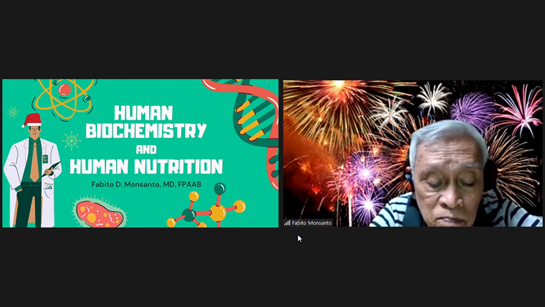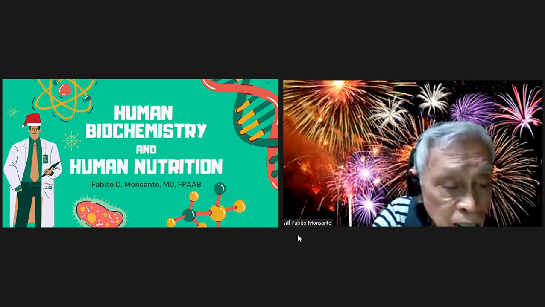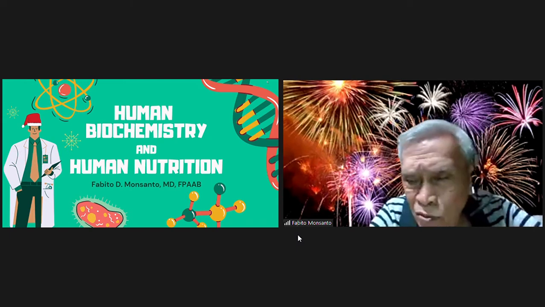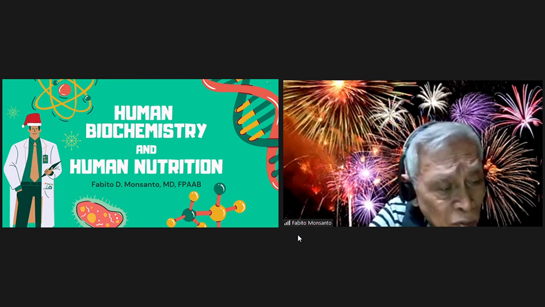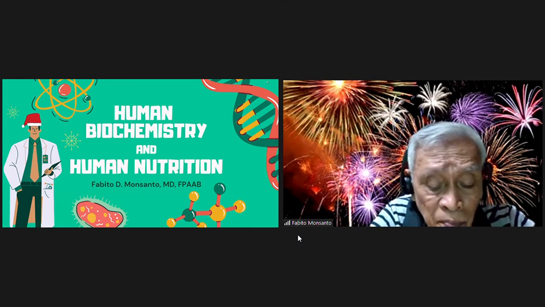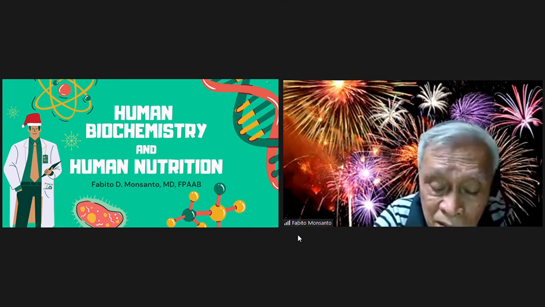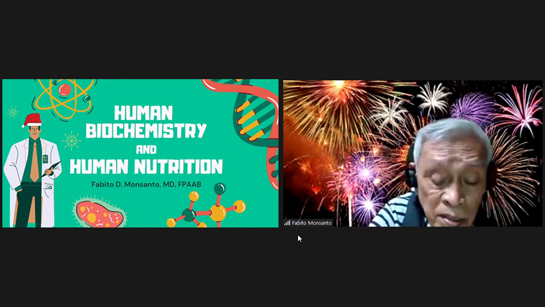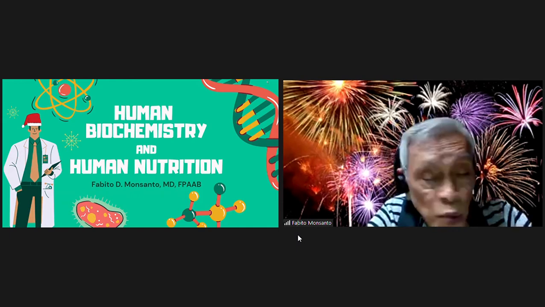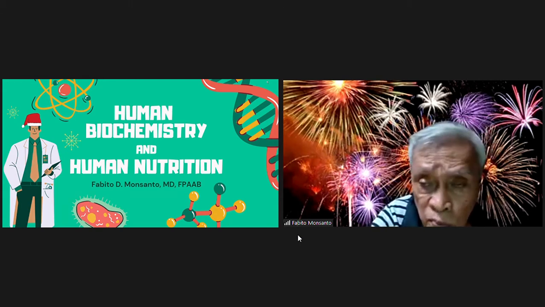Then we have stereoisomers. I know you know these things in your organic chemistry. Stereoisomers have the same chemical formula, but they differ only in the spatial arrangement, or they are arranged in space, of their substituent groups. So what are the substituent groups? Aldehyde group, ketone group, hydroxyl group.